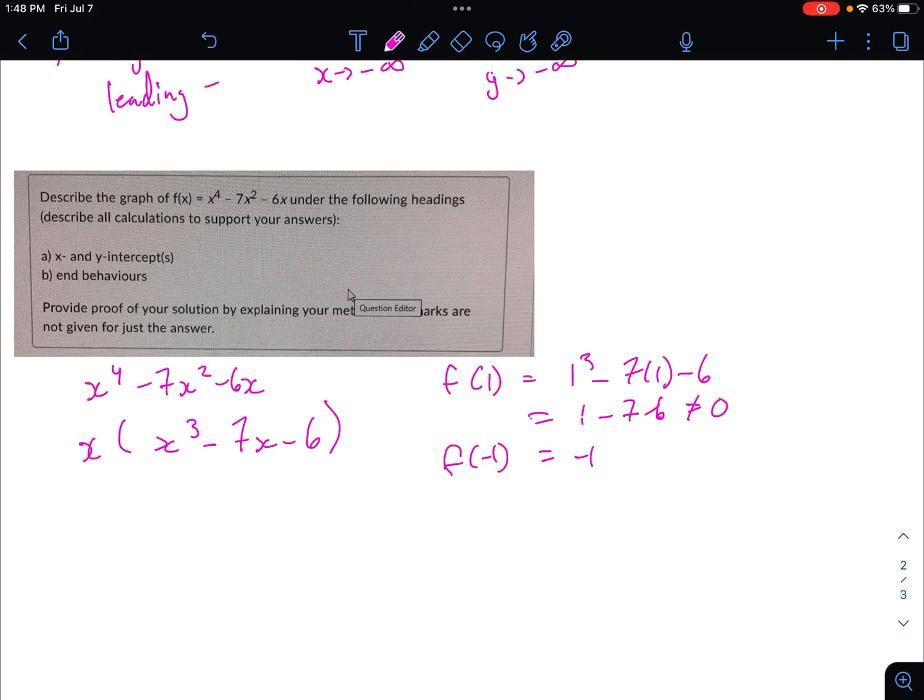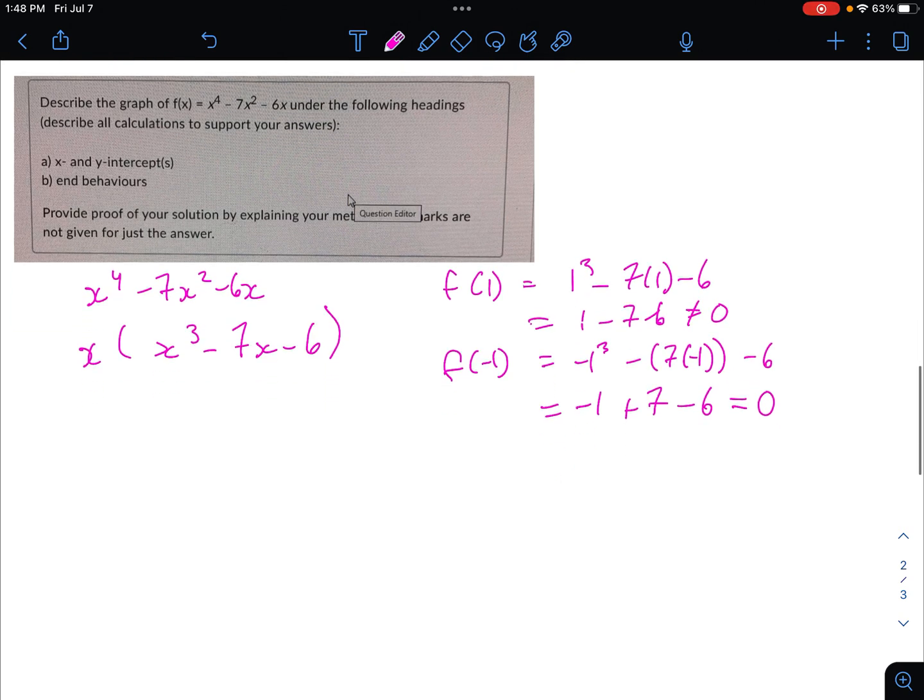F at -1: -1 cubed minus 7 times -1 minus 6. Well, this becomes -1 plus 7 minus 6, which is exactly 0. So that's one of our nice pieces here. 1, 0, -7, -6. That's 1. That's -1. That's -1.